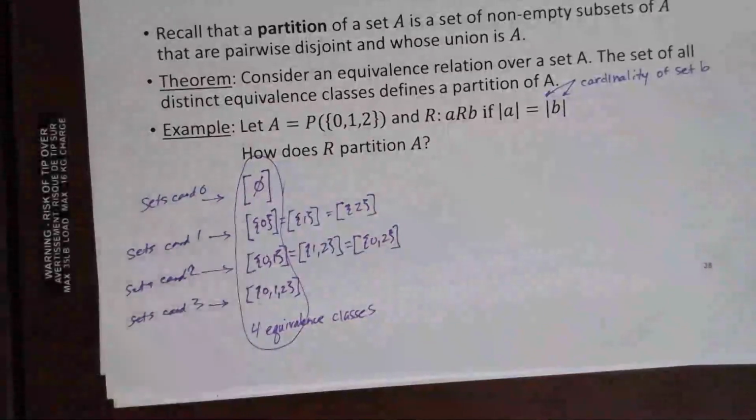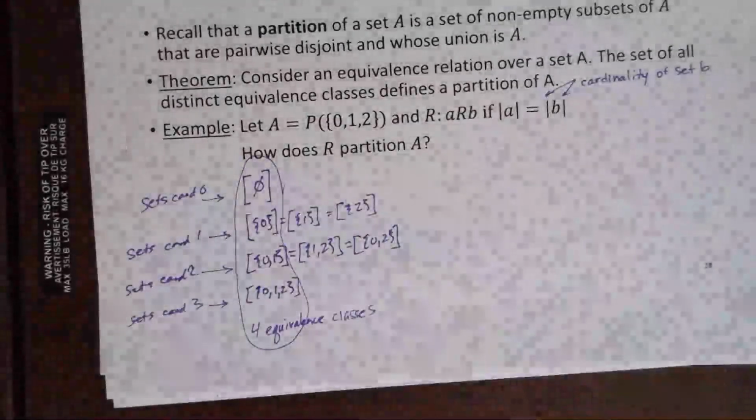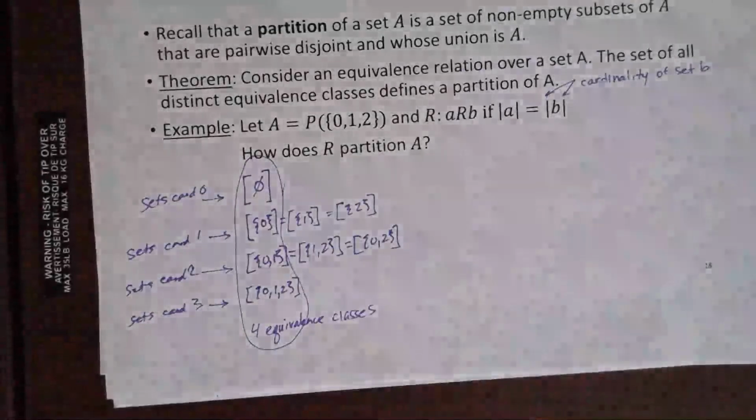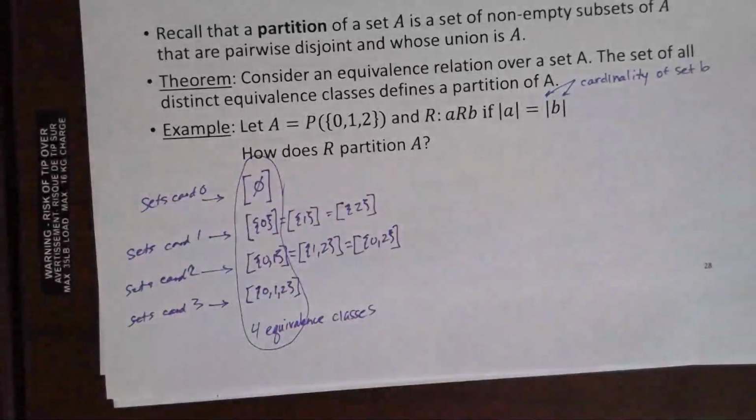I'm just going to pick the first one. Those are our 4 equivalence classes. Notice they're all disjoint and non-empty, and when you put them together in a union, you get all 8 of the subsets.